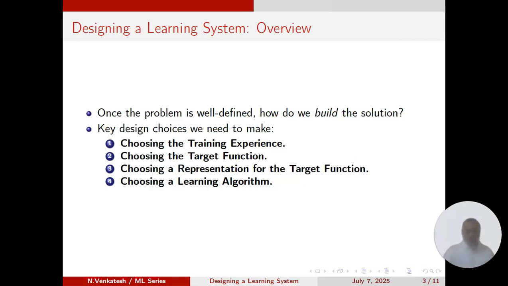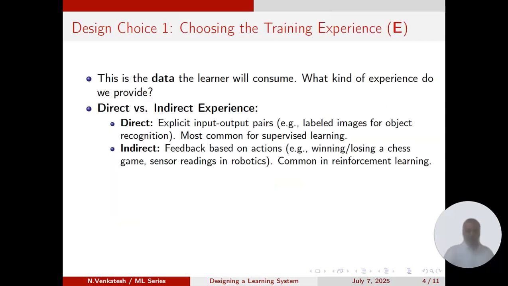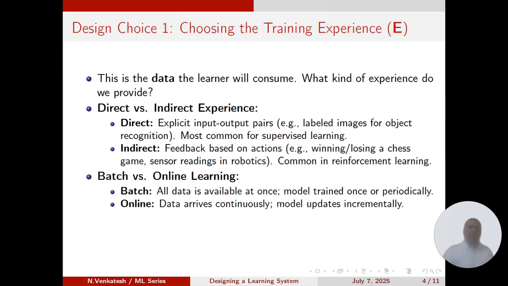Now we will discuss in detail these four choices. The first one is the choosing a training experience. The training experience can be a direct, like we had given a input-output pairs, which is common in supervised learning, or it could be an indirect, where you will get a feedback based on actions.